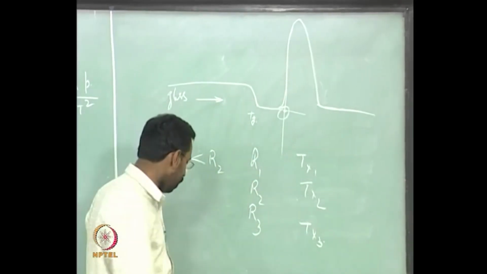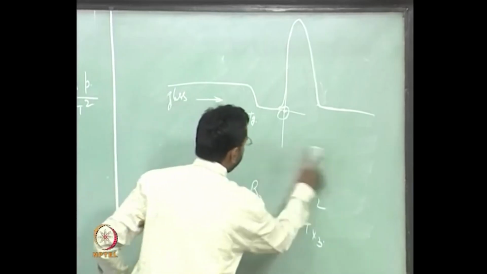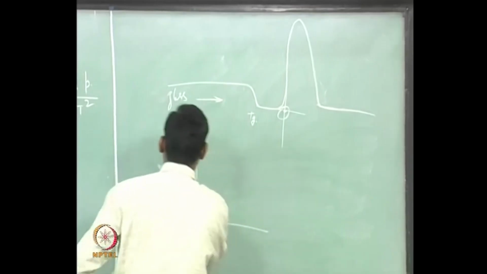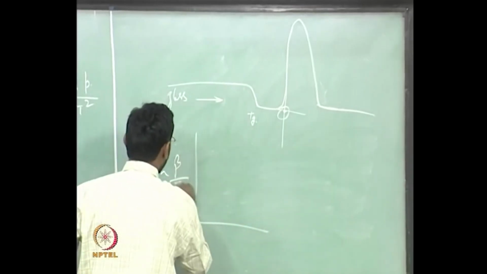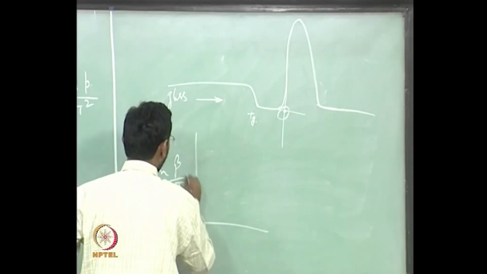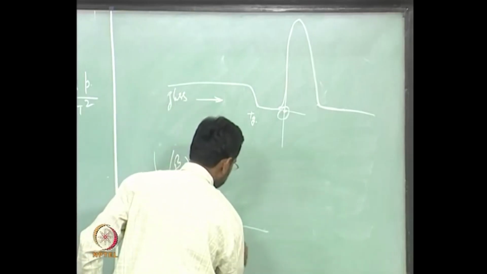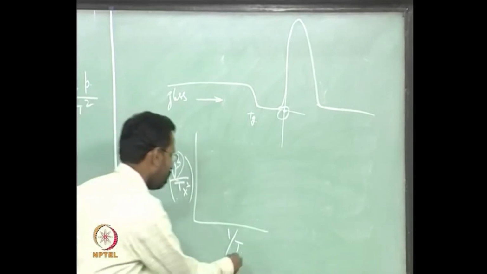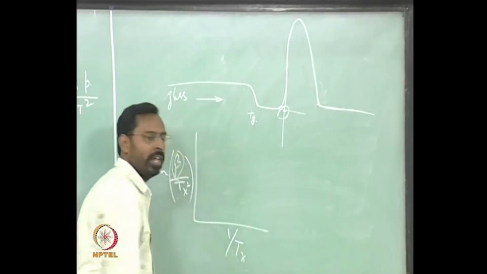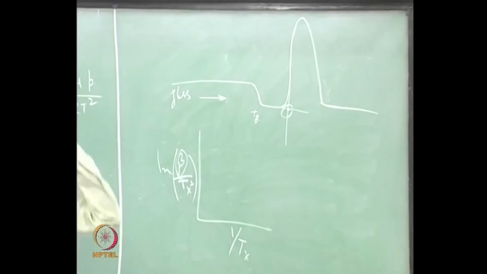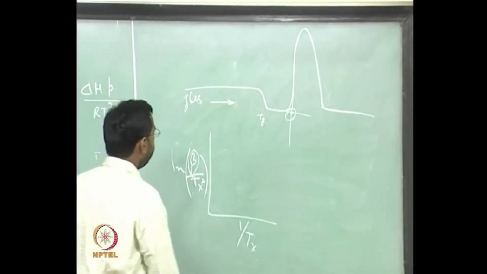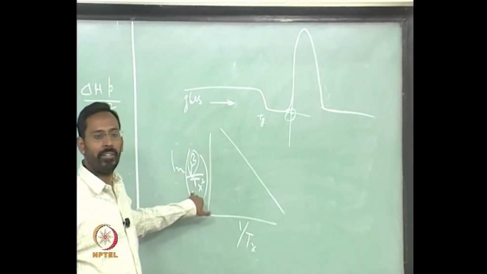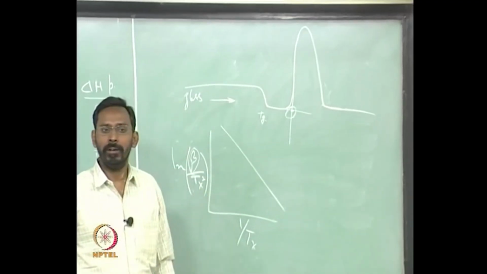Once you have that, you can plot what is called a Kissinger plot, which is nothing but ln(beta/Tx^2) versus 1/Tx, where beta is the heating rate and Tx is the crystallization temperature for each heating rate.